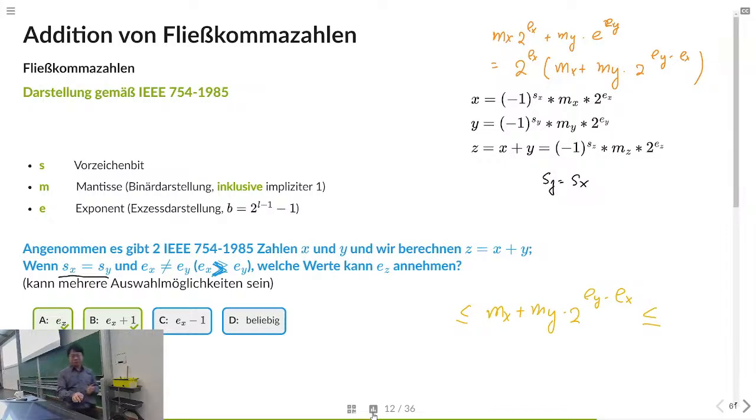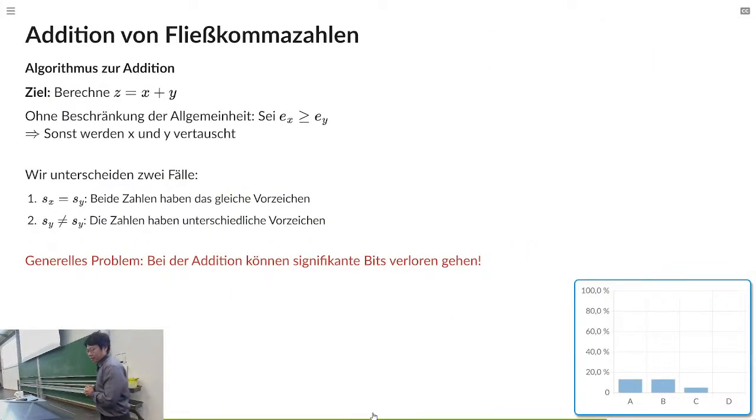Okay. Dann gibt es diese generelle Frage. Wir haben die 2, x und y, und addieren die 2. Wir haben natürlich 2 Fälle, sx gleich sy oder sx nicht gleich sy.